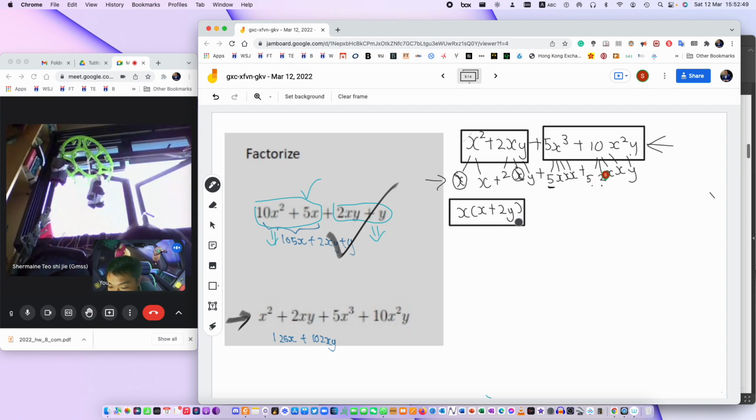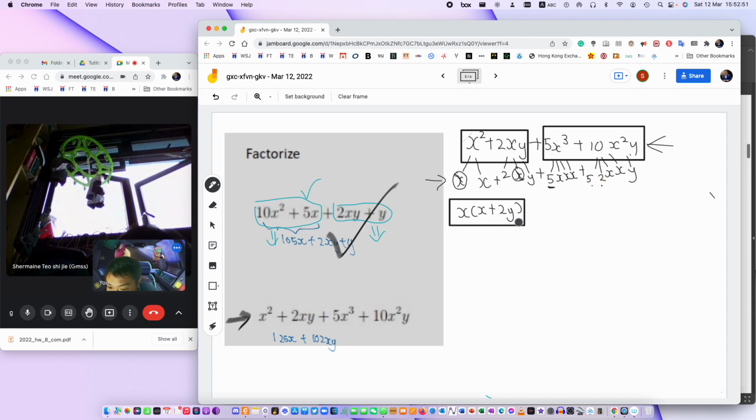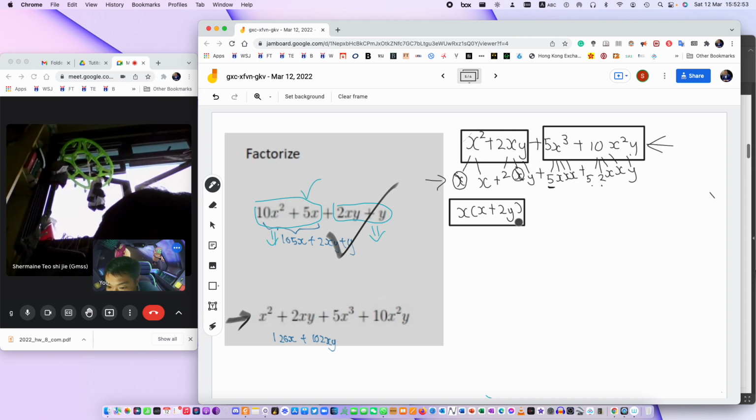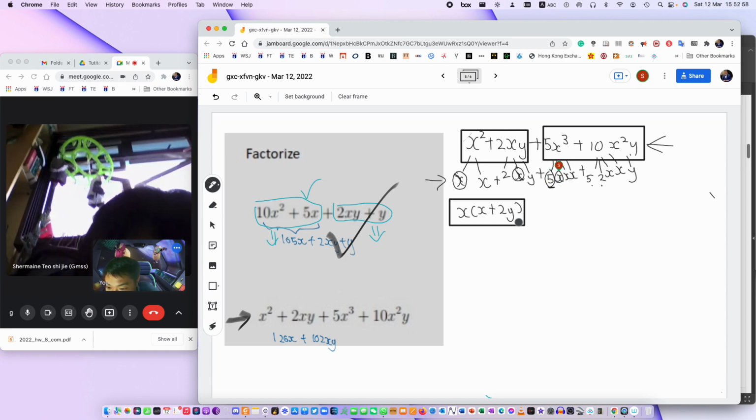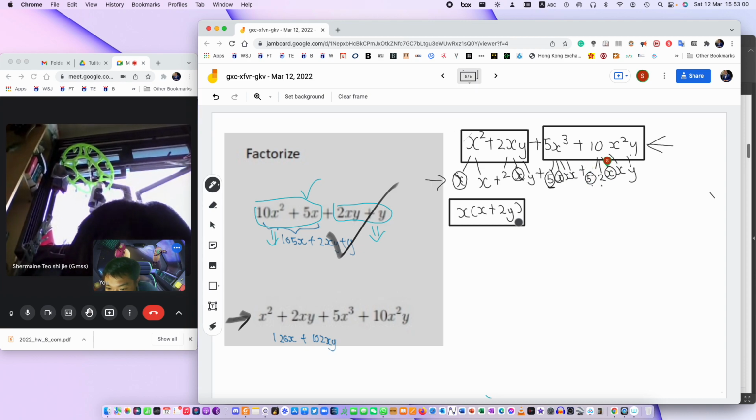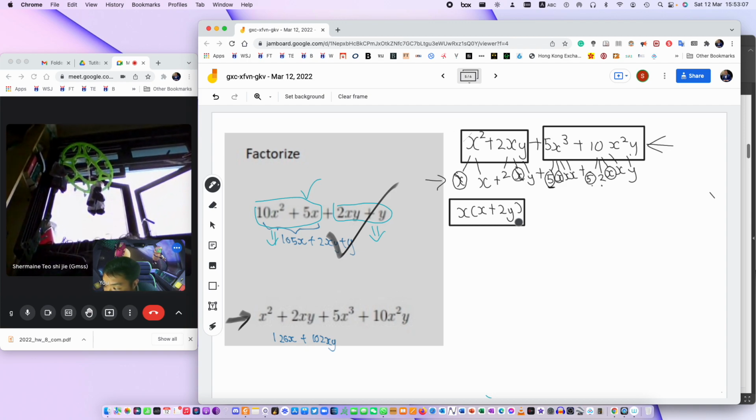Yeah, one more stroke. Very good. Okay, take out, circle the common one. There are a lot of common ones. That's all?